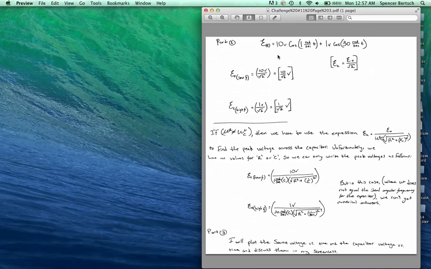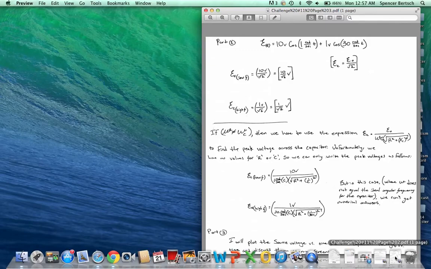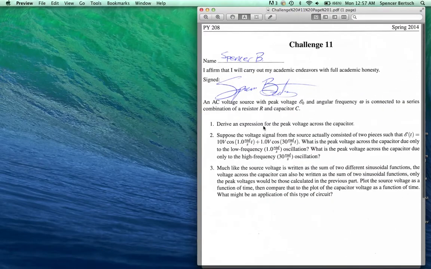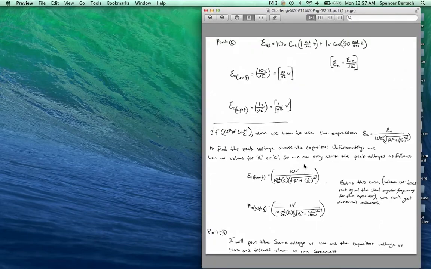I just used this, but that's definitely possible. I don't think the problem gave us C or R, so I just stuck with these guys for the third part. But that's definitely a possibility, to plug in numbers for C and R.